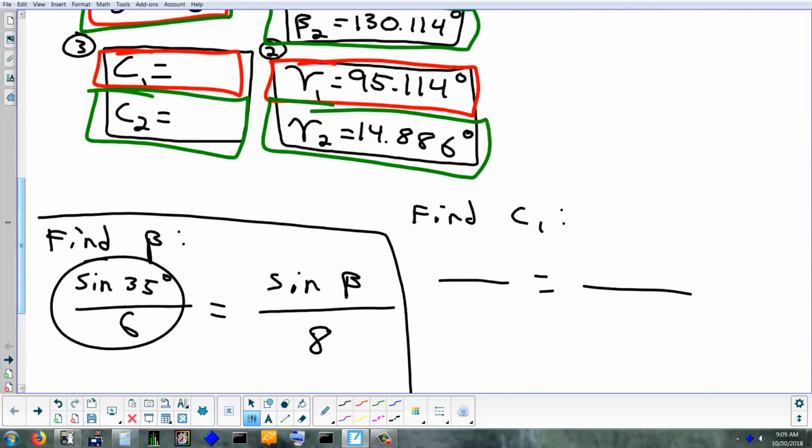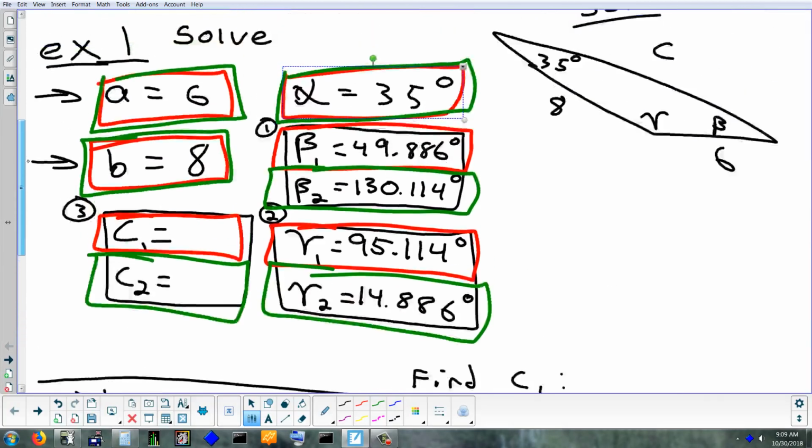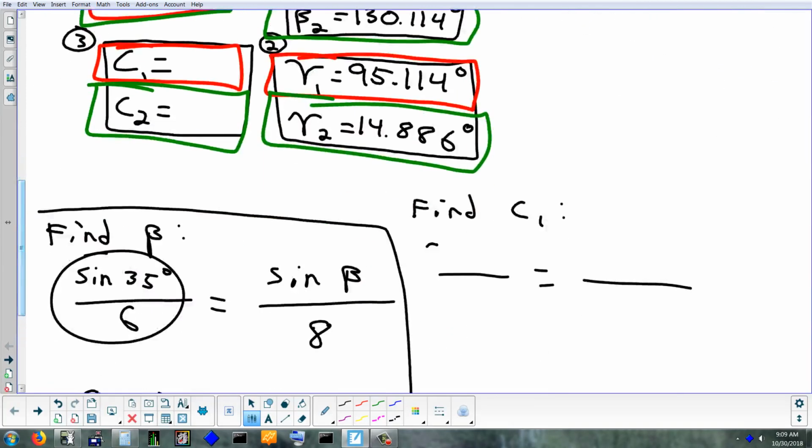So to find C1, we're going to do sine 35 over 6 equals, and what angle am I going to use to get C1? Joe? Gamma 1. Yep. Sine 95.114 over C1.